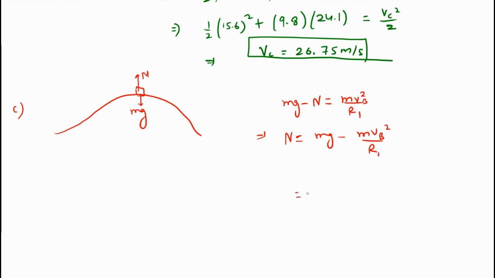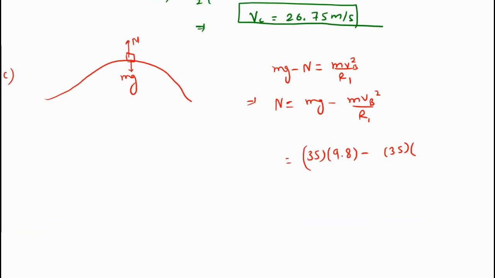That's 10 meters. We also have to use the mass, which is 35 kilograms. So that's 35 times g minus 35 times the velocity at B square, and the velocity at B was 5.97, so 5.97 square over r, which is 10.